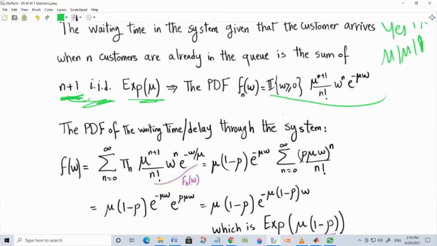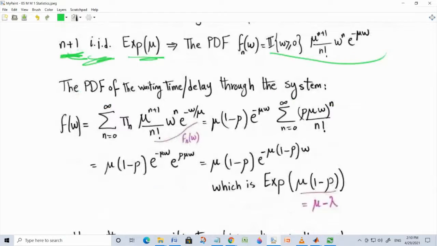It is pi j. So you take this conditional PDF, multiply by pi n, which has a formula we obtained, and then you do a summation. So you average, and if you do so, you will find that the waiting time in the system is exponential.